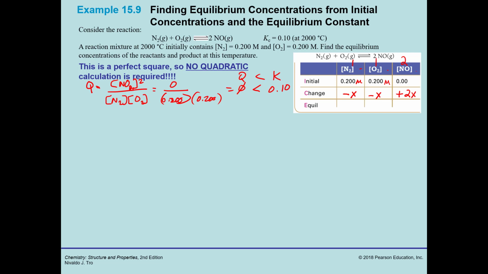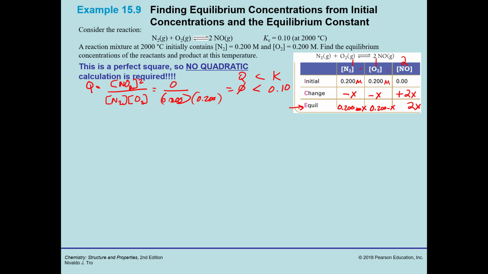If it's 1 mole to 1 mole to 2, then it'll go down 1, but this one will go up 2. So my equilibrium in terms of X is 0.200 minus X, 0.200 minus X, and 2X, because 0 plus 2X is 2X. So these are my equilibrium concentrations in terms of X.